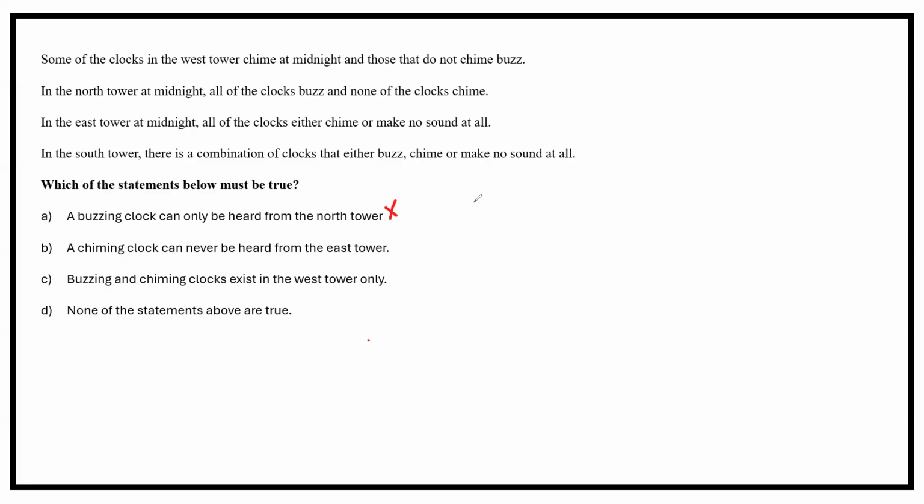And then it says in the East Tower, all of the clocks either chime or make no sound at all. It says buzzing and chiming only exist in the West Tower, but it says it exists in the North Tower.